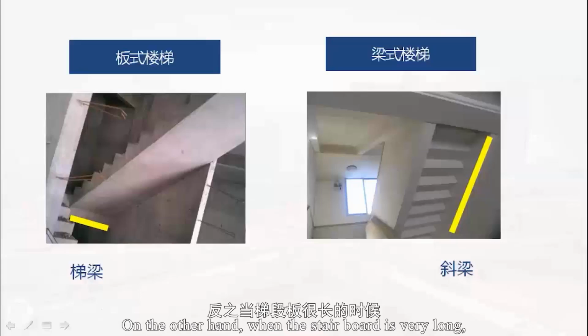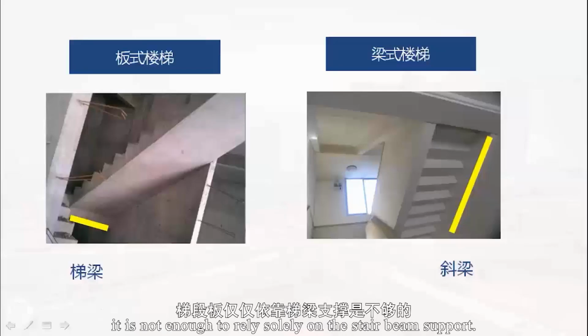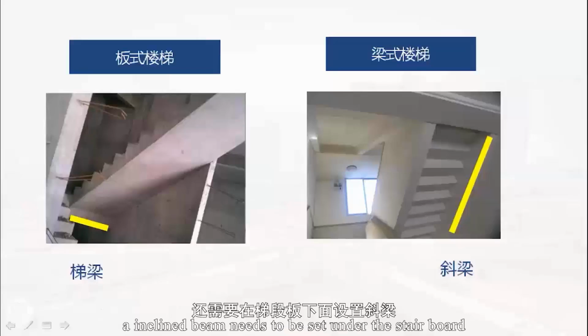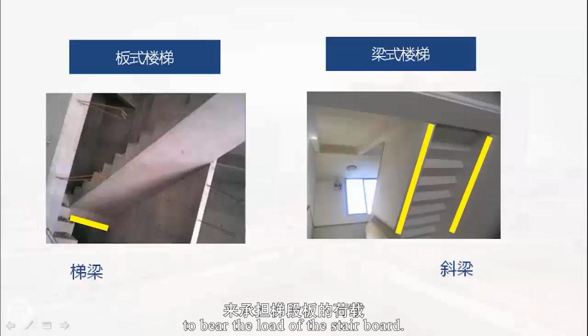On the other hand, when the stair board is very long, it is not enough to rely solely on the stair beam support. Therefore, an inclined beam needs to be set under the stair board to bear the load of the stair board. This type of stair with inclined beams is called a beam stair.